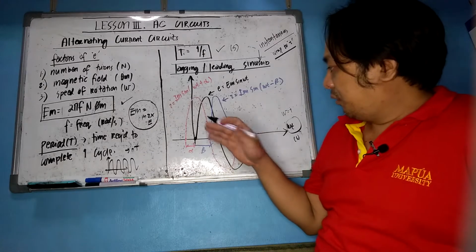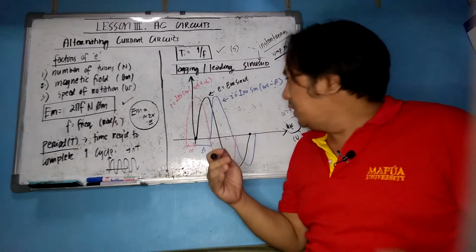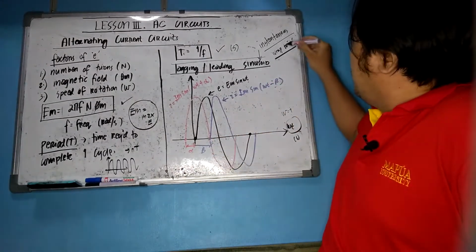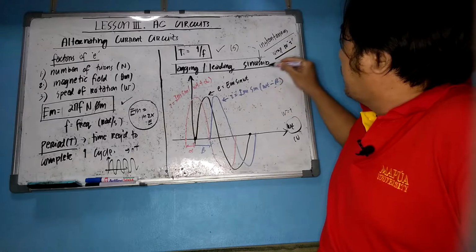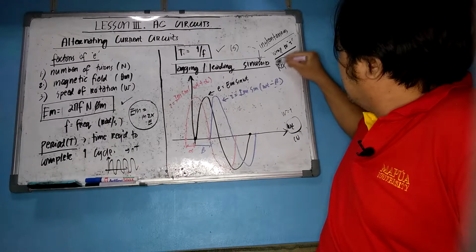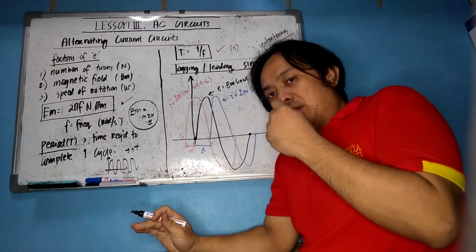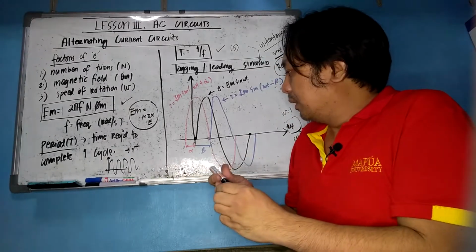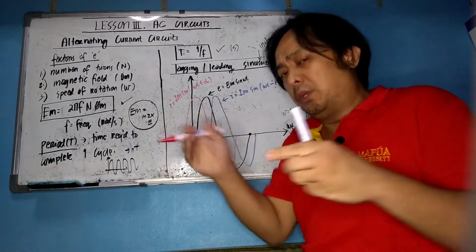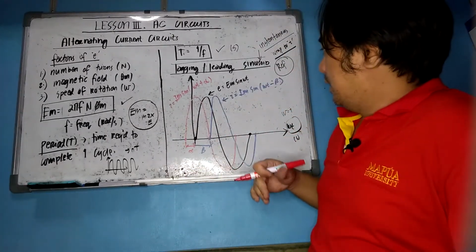And if you have a sinusoid, how can you determine if the signal is leading or lagging from the respective reference? You need to know what the reference is first before you can decide which signal is leading or lagging. So I have some mnemonics here so that we can simply analyze this.